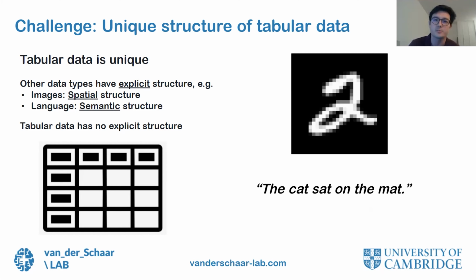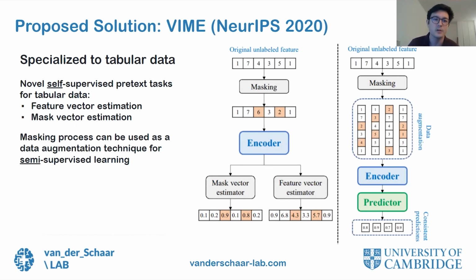And as a result, the methods proposed for, say, image recognition aren't readily applicable since they primarily rely on the inherent structure of images or language themselves. In contrast, tabular data has no explicit structure, and any structure we need to actually learn by the methods we're proposing.